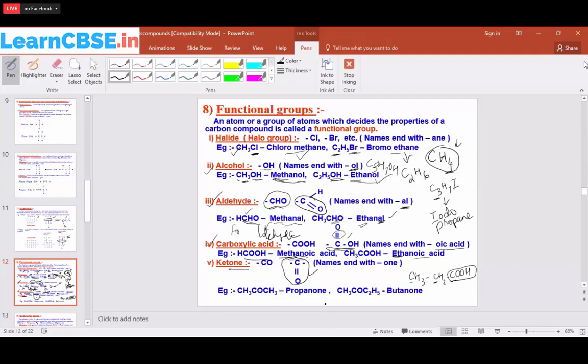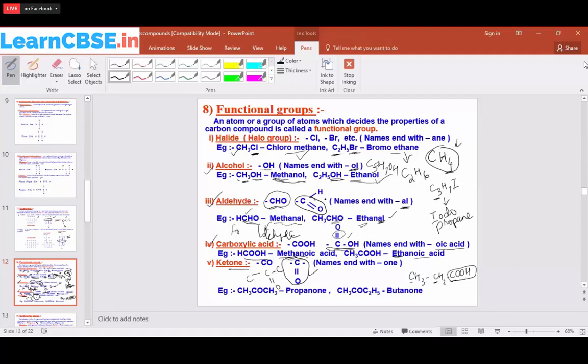In an aldehyde, one of the bonds is made with one hydrogen atom. But in the ketone, the C double bond O makes a bond with carbon atoms on both sides only.